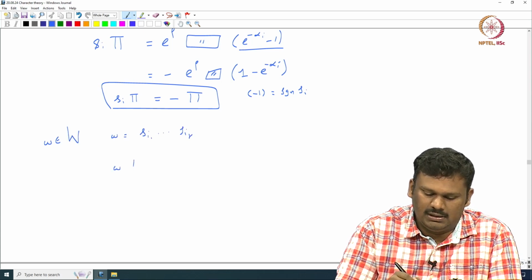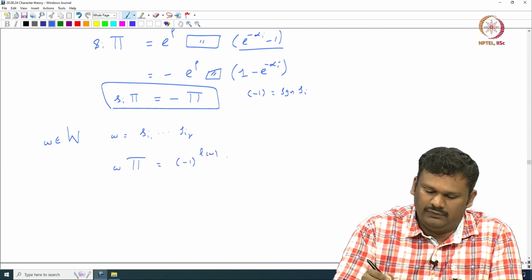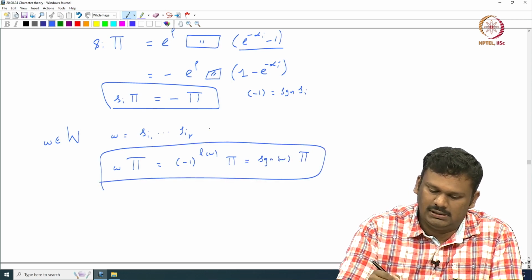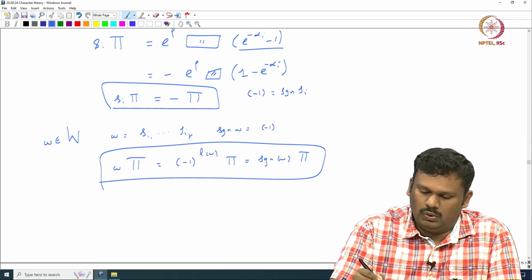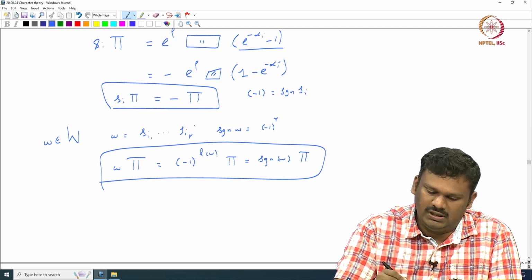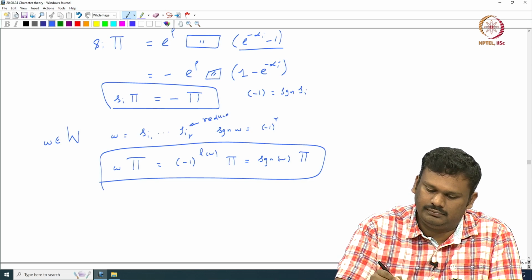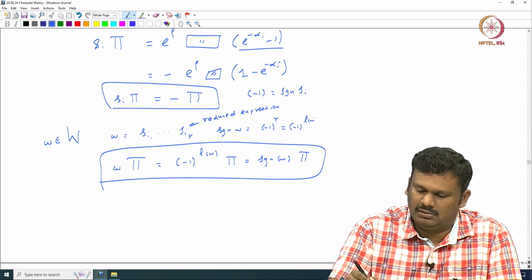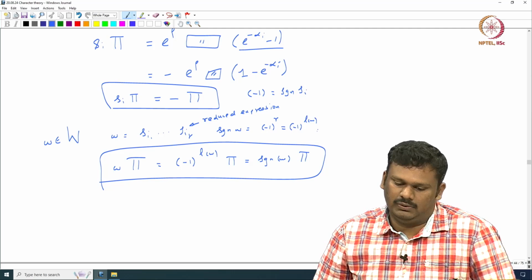So, that implies that w pi is exactly minus 1 power length of w times pi, which is the same as sine of w times pi, because the sine of w is the same as minus 1 power r, if this is the reduced expression, and it is not hard to see that this is the same as minus 1 power length of w.